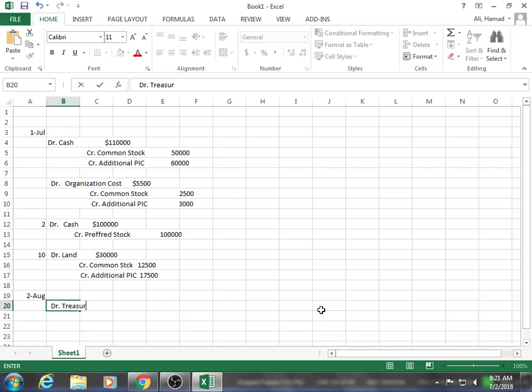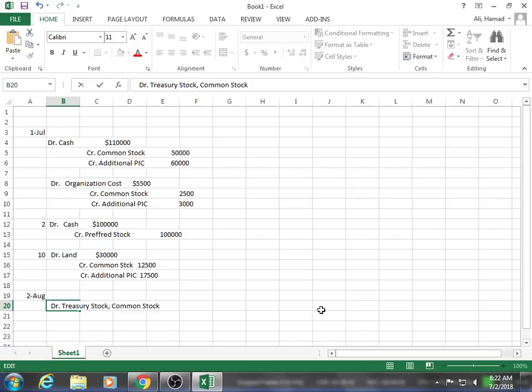Treasury stock. Then you go credit cash. For how much we said?